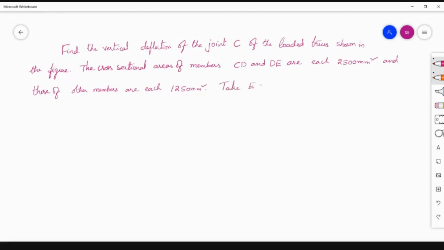Take E equal to 200 kilonewton per mm square. In the given truss, I'm just drawing here.